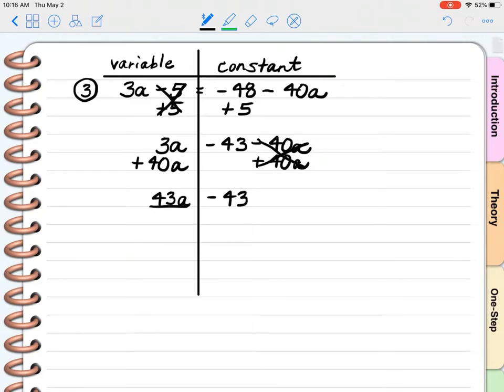And divide by the coefficient. So a is negative 1.